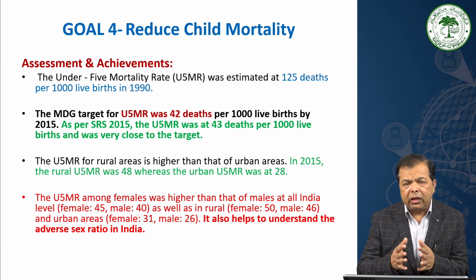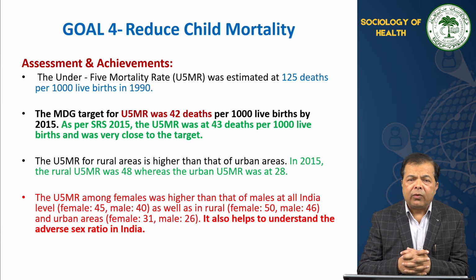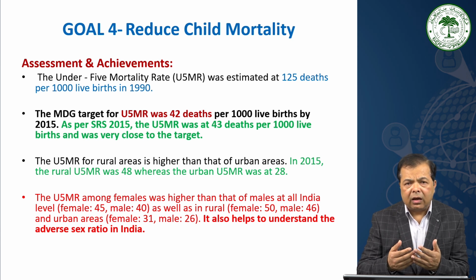So if we see the intersectionality, we find that the situation is very dismal for the rural female, and that is why we see such an adverse sex ratio in India, right?